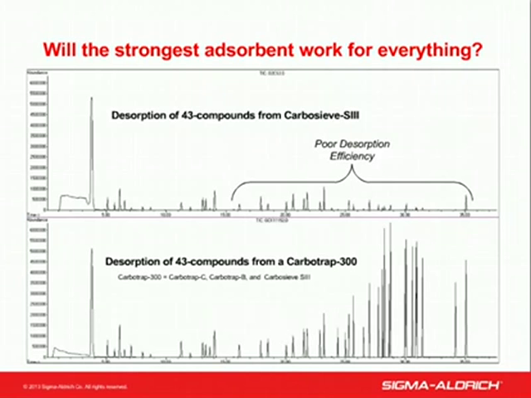And as you can see at the end of that, the part where I show where the poor desorption efficiency is, these compounds were irreversibly adsorbed by the Carbosieve S3, compared to the bottom, which is the same compounds in the same concentration spiked onto a multi-bed tube, where we get good release of those heavier molecular weight compounds. If you compare the gases from both of those chromatograms, the recoveries are pretty close to each other. So if we had a tube just packed with Carbosieve S3, we're only going to get good release of those lighter molecular weight compounds.